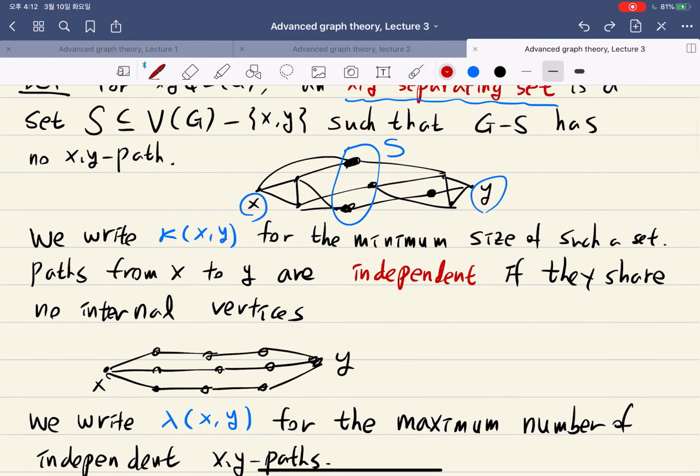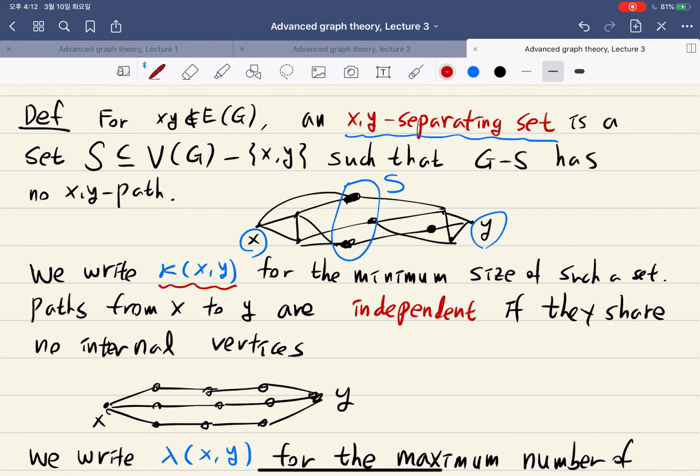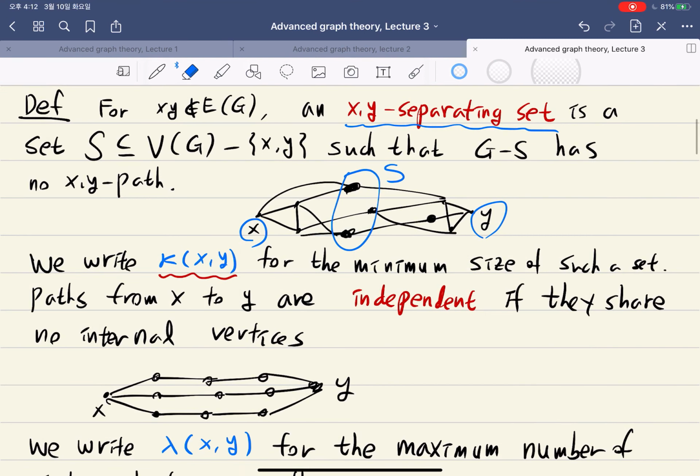And we write kappa of xy to denote the minimum size of such a separating set which separates x from y. And we say that several paths from x to y are independent if they share no internal vertices.